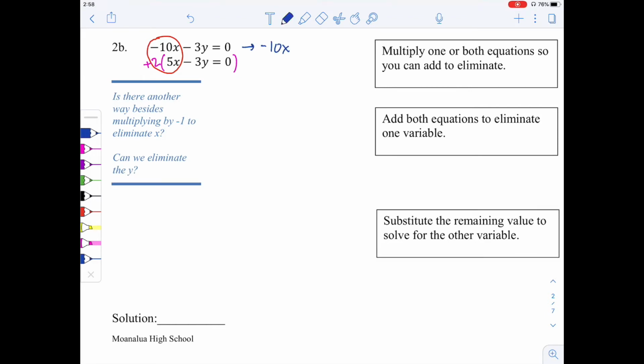The top equation just comes over, we do nothing to it. The bottom equation, we multiply by 2. We get 10x, 2 times -3y is -6y, 2 times 0 is 0.